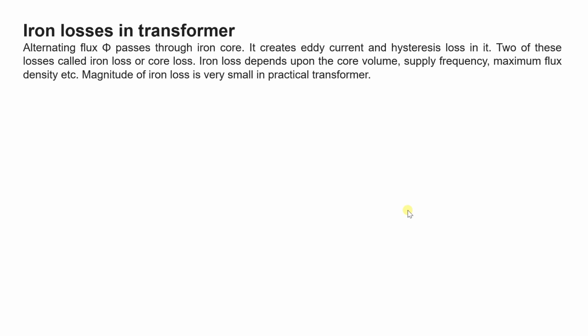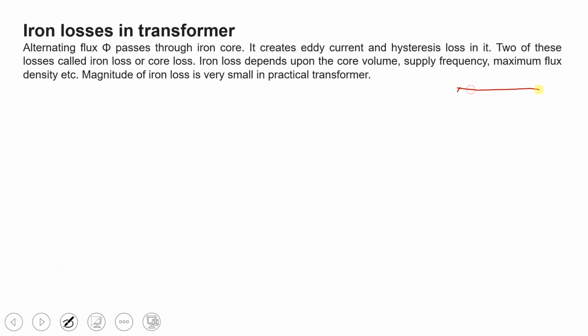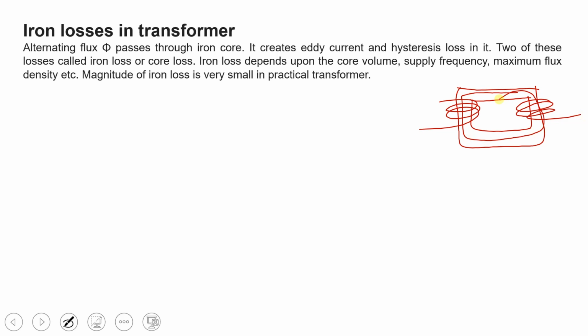As if I am telling you, this is the core. Here we have the windings, primary and secondary windings. This is called the core. So iron losses depend upon the volume of this core, then the supply frequency and the maximum flux density. Maximum flux density is Bm.